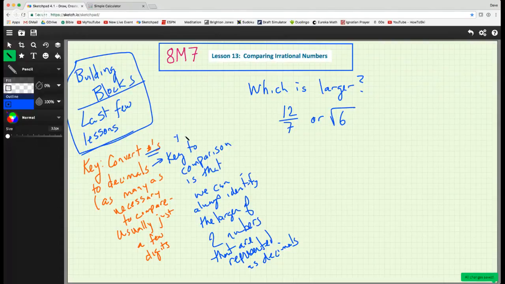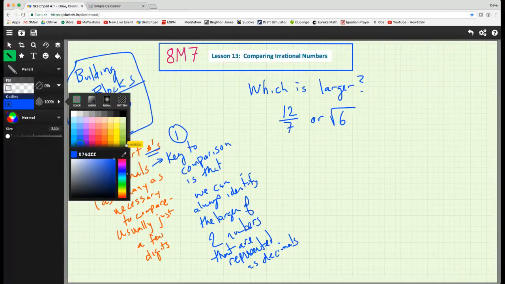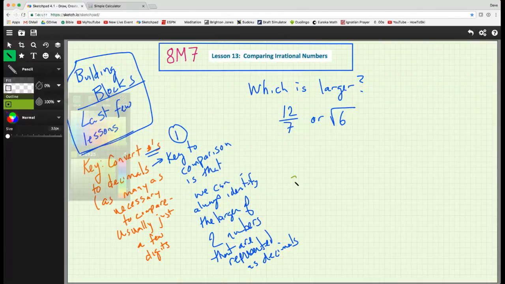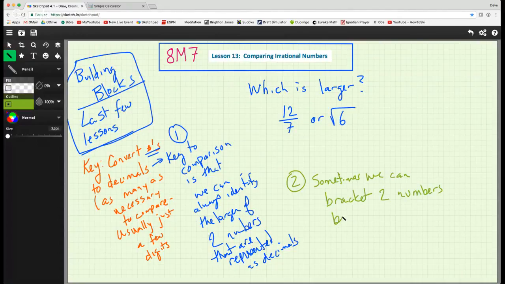That's one key. But the second key, and let's put the second key in green, is that sometimes we can bracket two numbers between different integers.